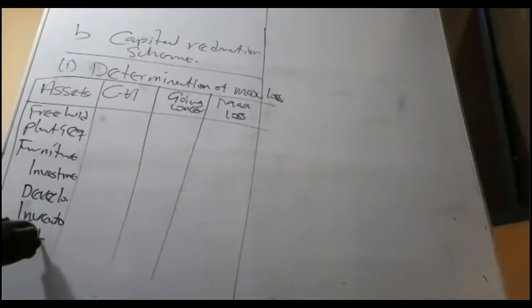Don't forget trade receivable. Cash, no. If you have 1,000 Ghana and you are struggling, would they say that 1,000 Ghana they are reducing it? No, we won't do that. So take note of this.